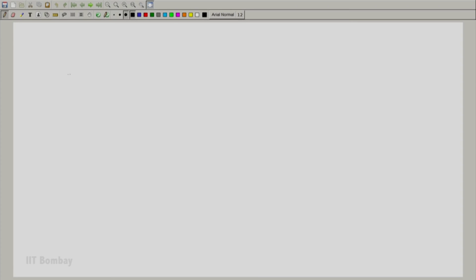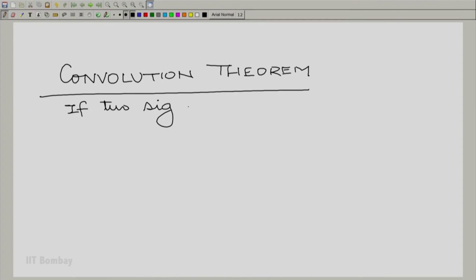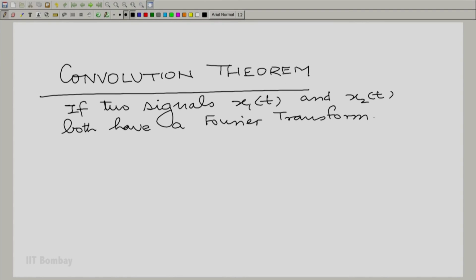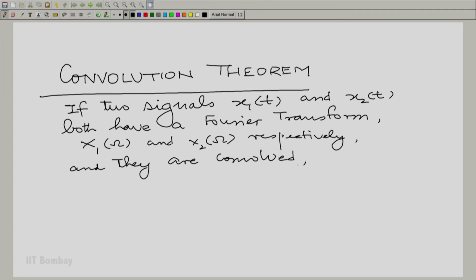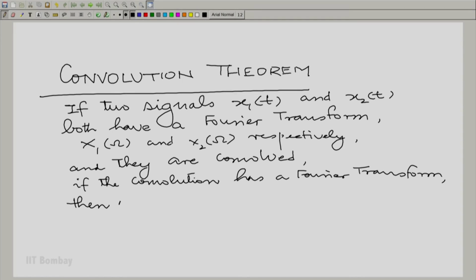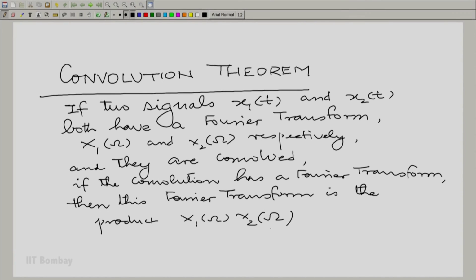Let us write it down to be complete in the beginning of this session. So, the convolution theorem of the Fourier transform. If two signals x1 and x2 have a Fourier transform and are convolved, and if the convolution also has a Fourier transform, then this Fourier transform is the product of those of x1 and x2.